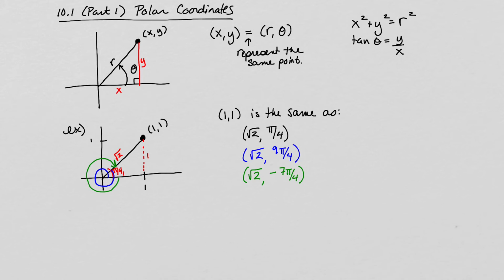And then you can figure out the sine and cosine of theta to get that x is equal to r cosine theta, and y is equal to r sine theta. These were the four equations that should hopefully sound familiar from Math 127, and these are the equations we're going to use to go back and forth. We're going to worry about converting points from rectangular to polar, or from polar to rectangular, and we're also going to worry about equations.